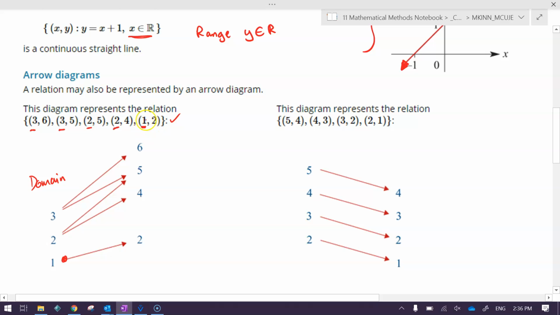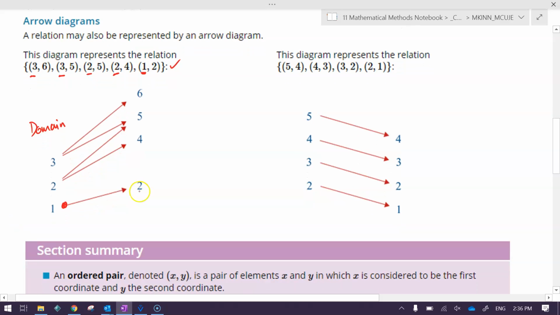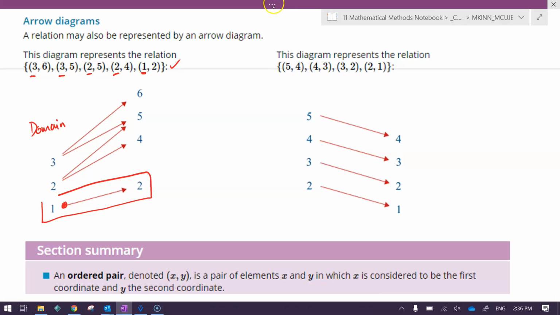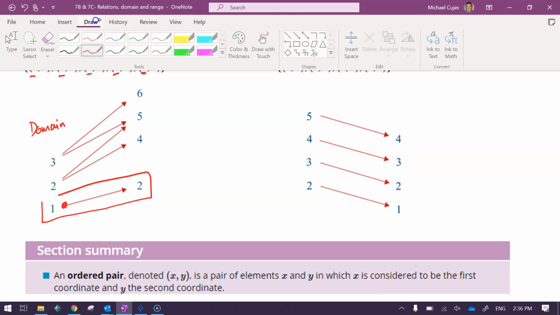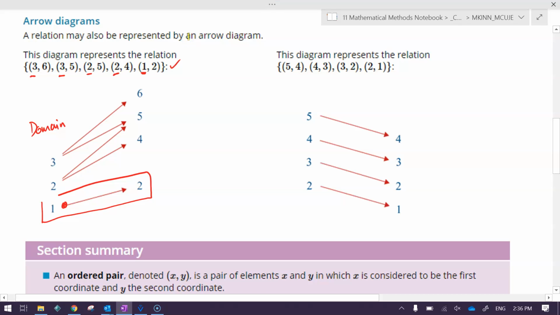Well, there's only one ordered pair with a 1 at the start, and it goes only to the number 2. So that little part of my diagram corresponds to exactly that ordered pair, doesn't it?